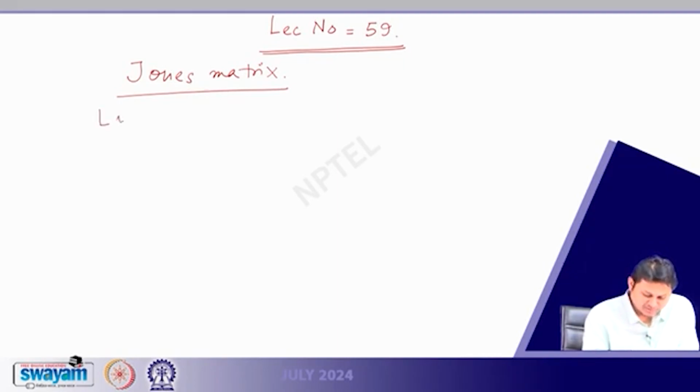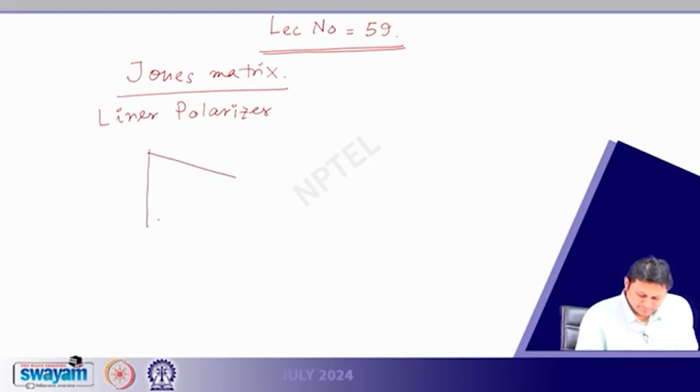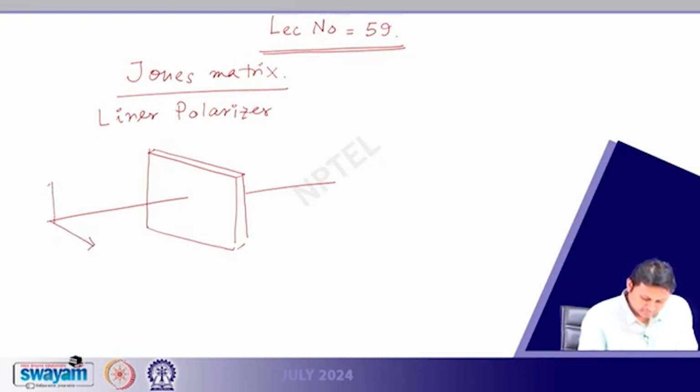So let me remind what we had for linear polarizer. Linear polarizer means, so this is the optical system that can polarize the light. So this is the polarizer.